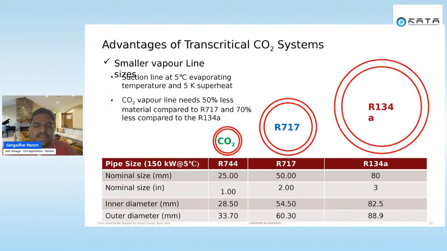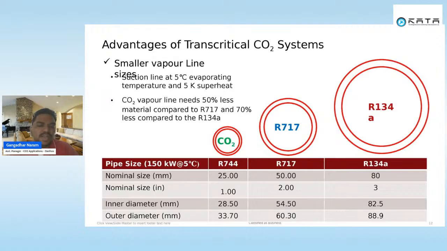For the CO2 vapor line, you can see here a 150 kilowatt system operating at 5 degrees saturation temperature, where CO2 is way smaller than your R134A pipeline in vapor line sizes. See here, in R744 the nominal size for 150 kilowatt is a 1-inch line, whereas in ammonia it is a 2-inch and nearly a 3-inch line in R134A.